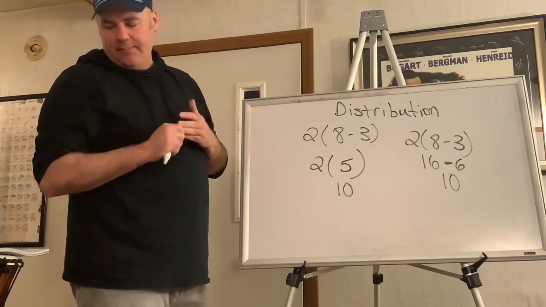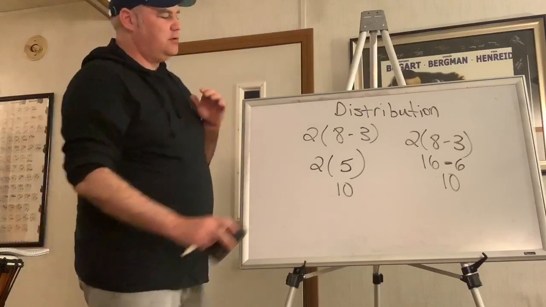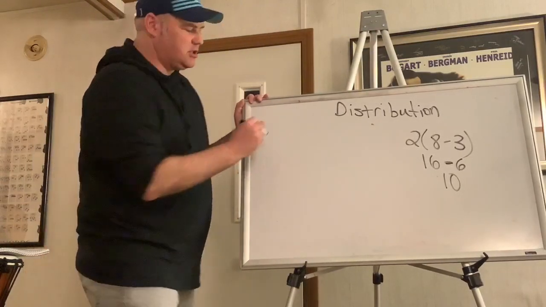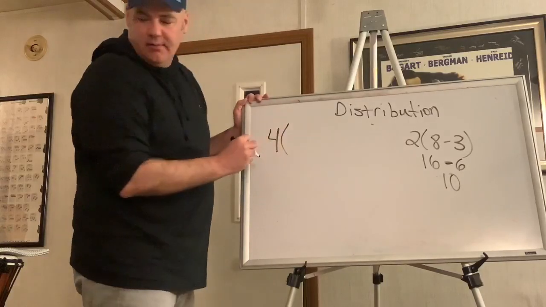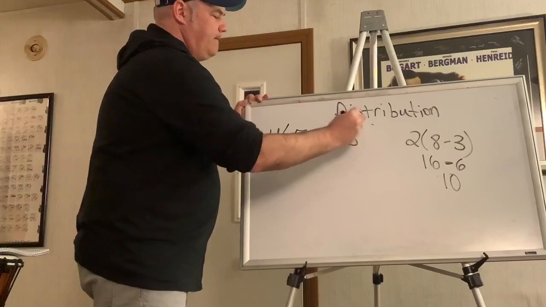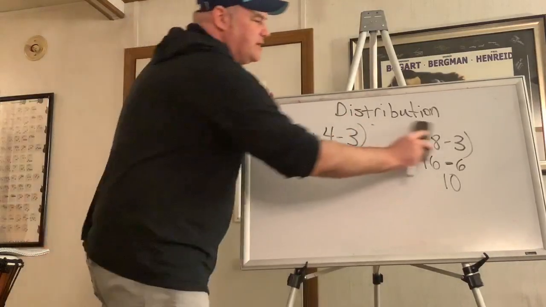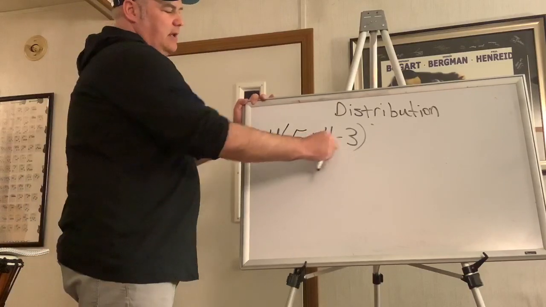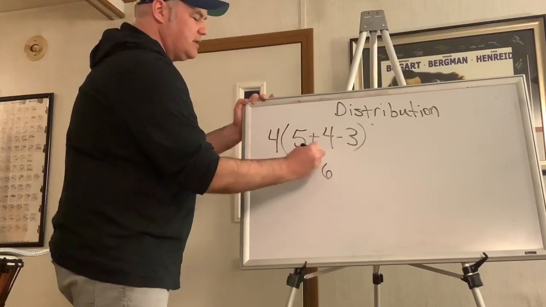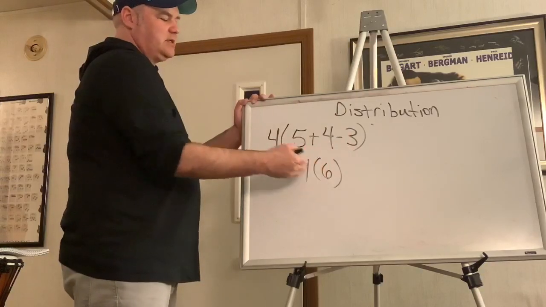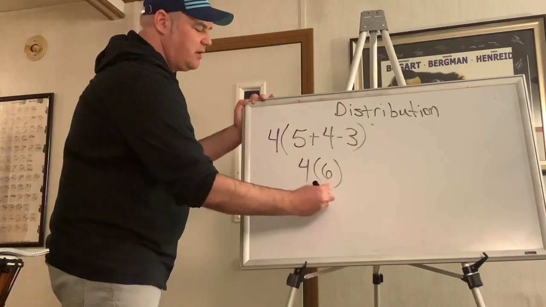Let me do one more to show that it doesn't matter how long the problem is. Now there are 3 terms in there. If I combine them first, 5 plus 4 is 9, minus 3 is 6. See how easy that was? Then 4 times 6 is 24.